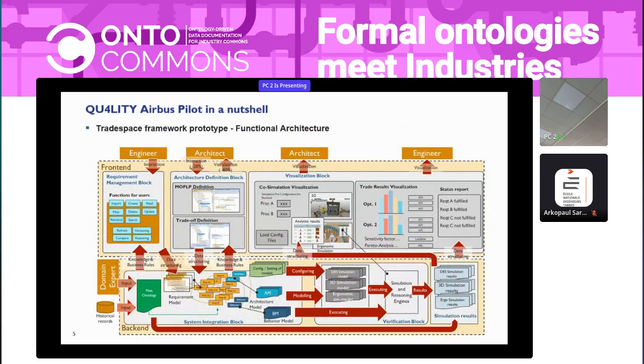Before that, I'm going to explain the trade space framework. In the trade space framework, we had two different roles. First, an engineer that was defining requirements for the manufacturing system. For example, how many aircraft I want to build: I want to build 150 per year.